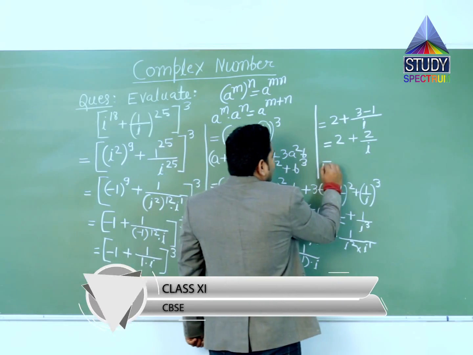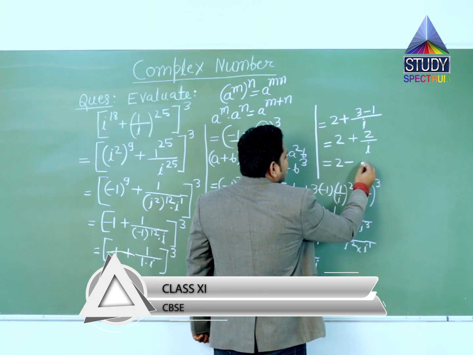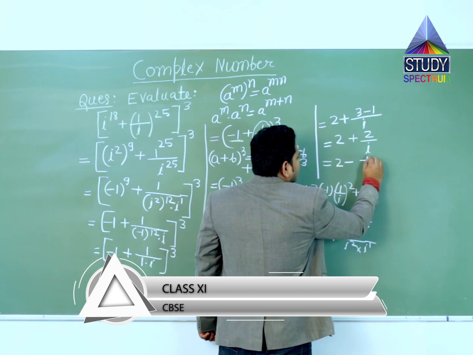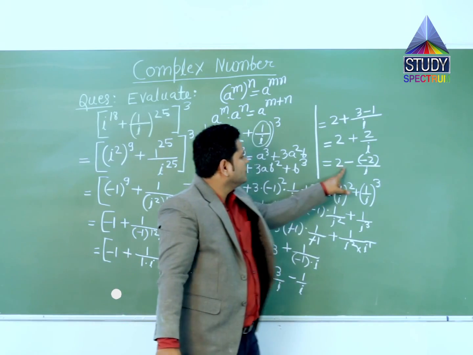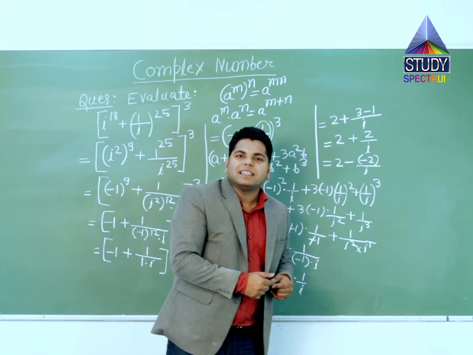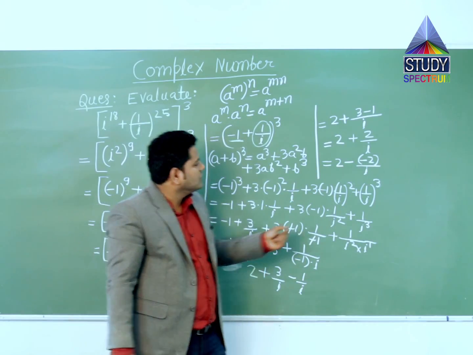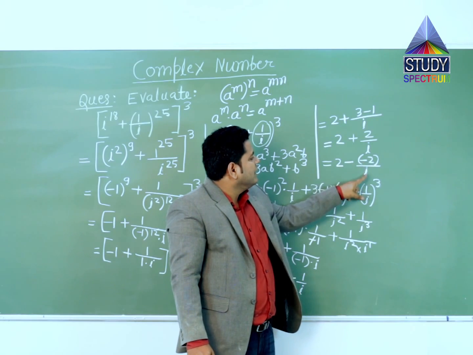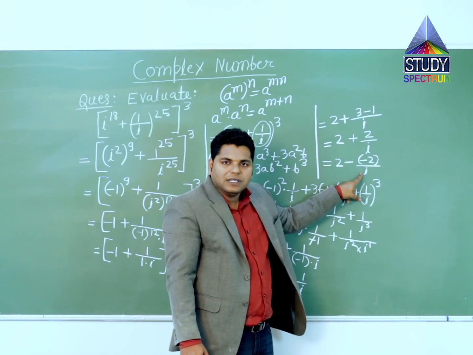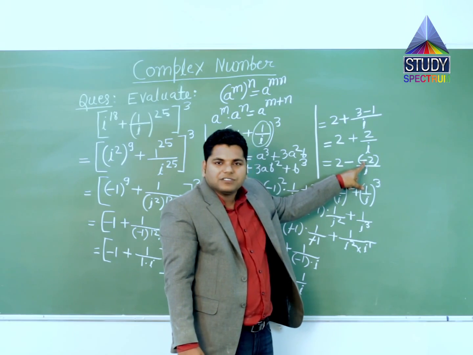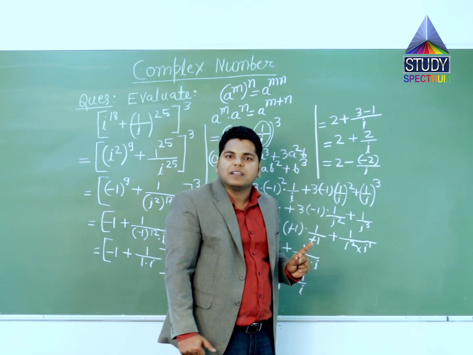So we can write, here it is 2, we can add minus 2 by i, because minus into minus is plus. Why are we writing like this? Because we know that we have to eliminate i from the denominator, from this term. So we'll make it minus 1, then we'll put there i square. Okay.